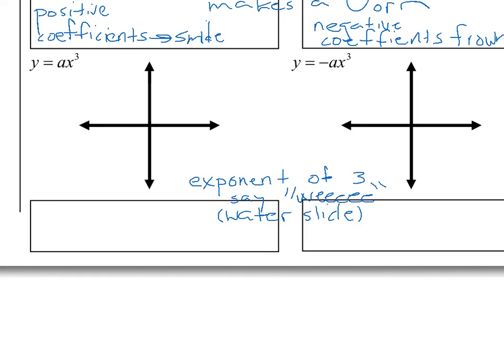Now the observation that Leslie made earlier was that these end going up with the positive coefficient and these end going down. So I'm going to make this one end going down. I'm going to make this positive coefficient end going up.